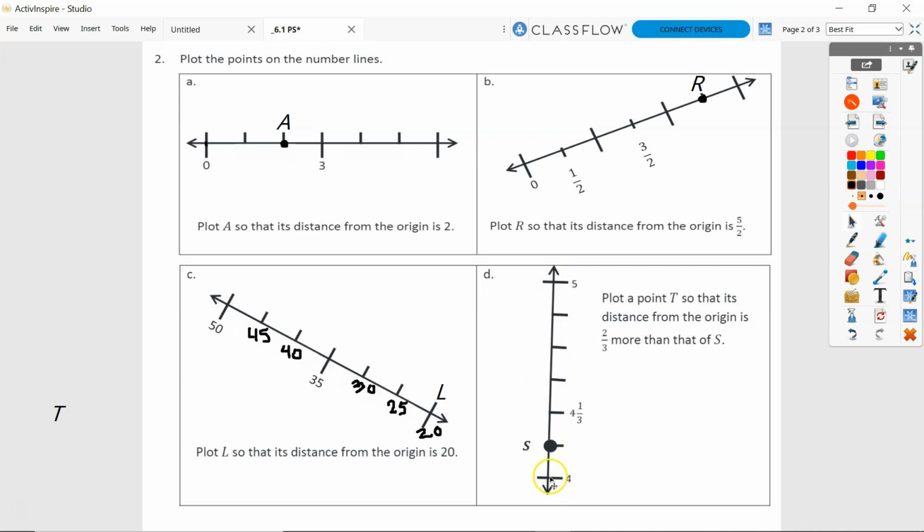It takes me 1, 2, 3, 4, 5, 6 jumps to get from 4 to 5. So I know that this one whole from 4 to 5 has been split into sixths. That's the "ths" at the end, right? So if I'm plotting a point that's 2/3 more than S, S is right here.